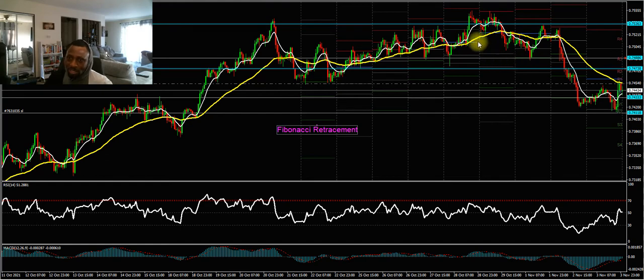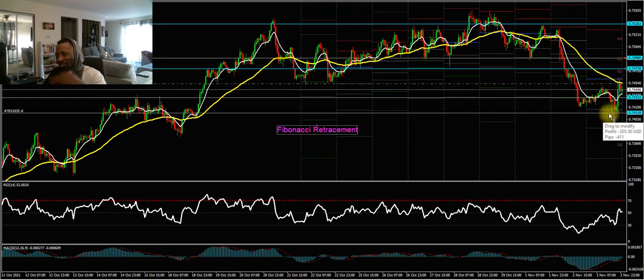So now what I'm looking at is that it is definitely going to make a lower low and then go back up. Because it is an upward trend, I want to trade the trend.